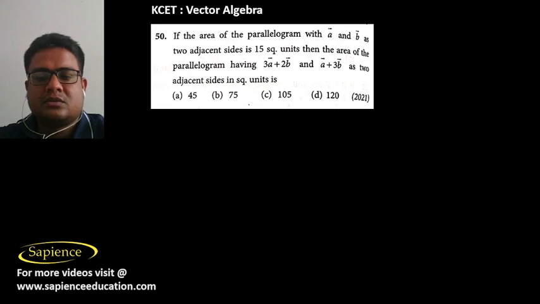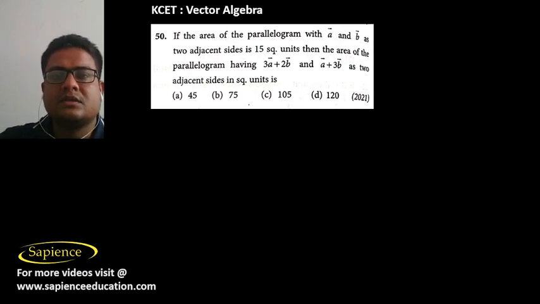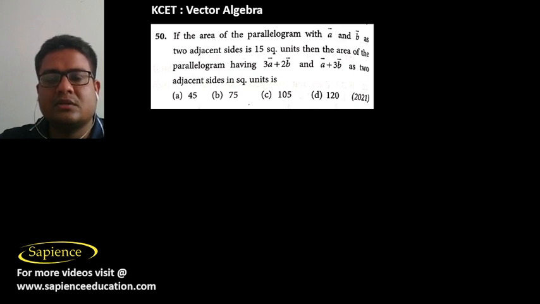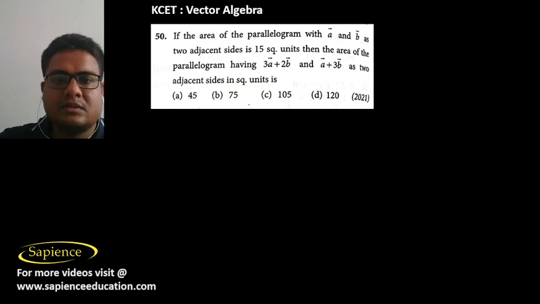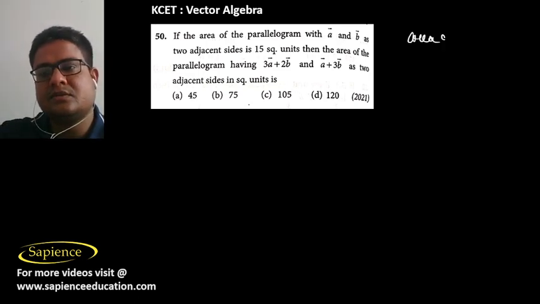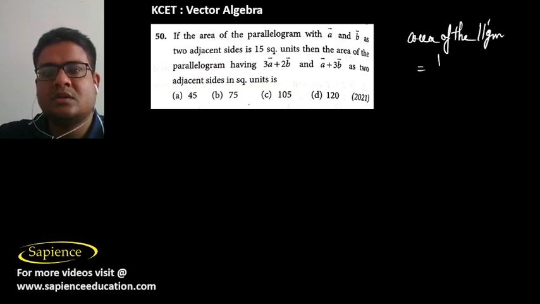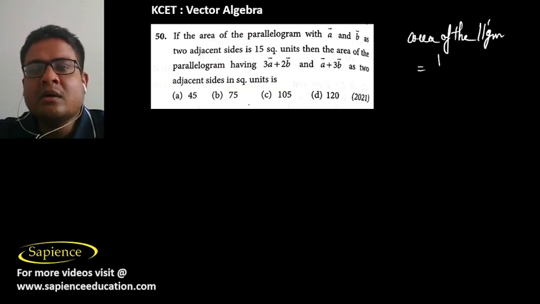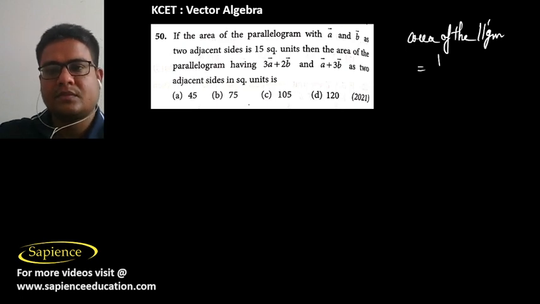In question number 50, it is told that if the area of the parallelogram with A and B as its two adjacent sides is 15 square units, then the area of the parallelogram having 3A plus 2B and A plus 3B as two adjacent sides is equal to what? The area of the first parallelogram will be equal to mod of A cross B, that is equal to 15.